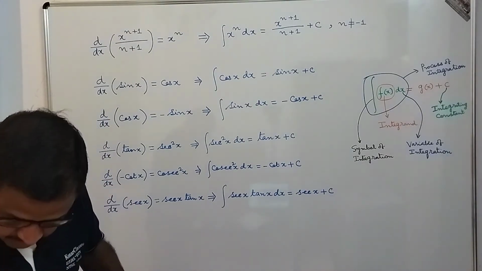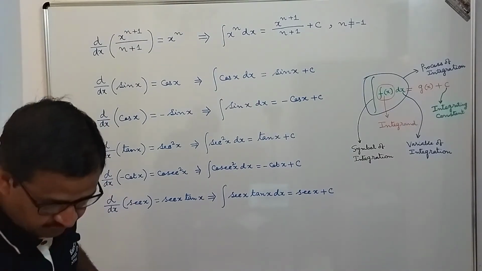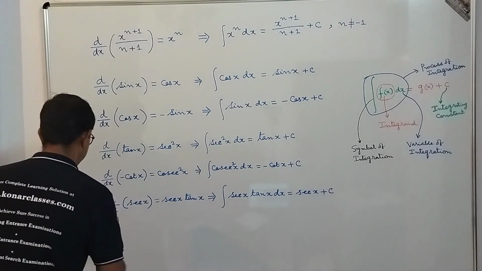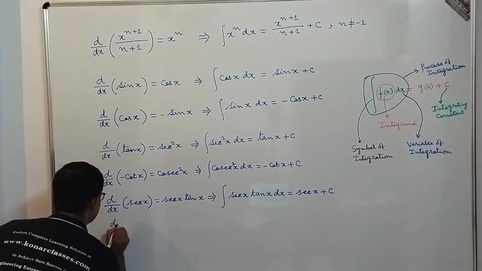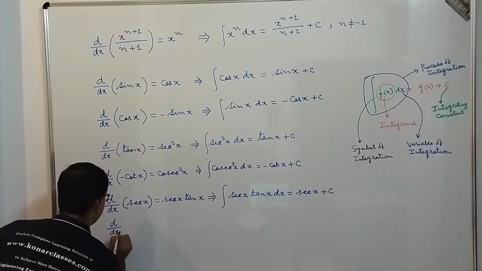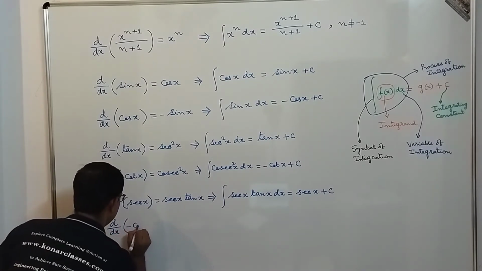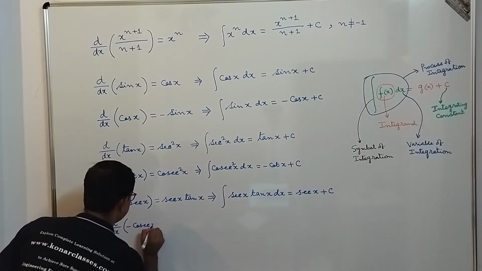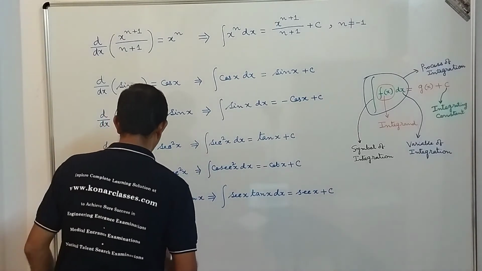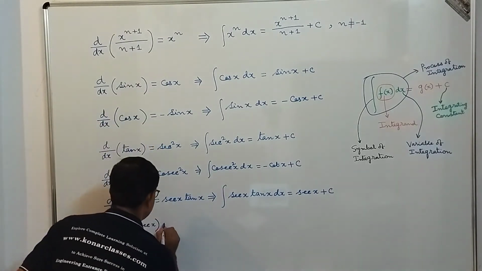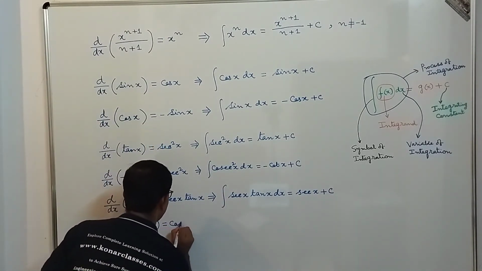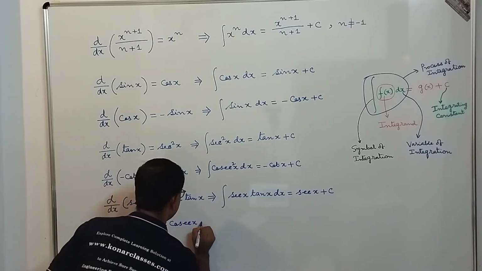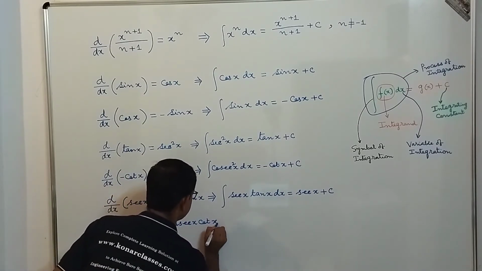d/dx of minus cosec x is equal to cosec x cot x.